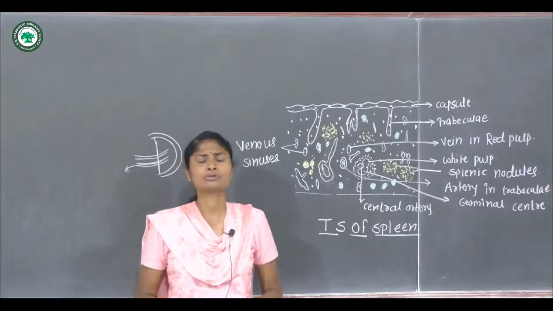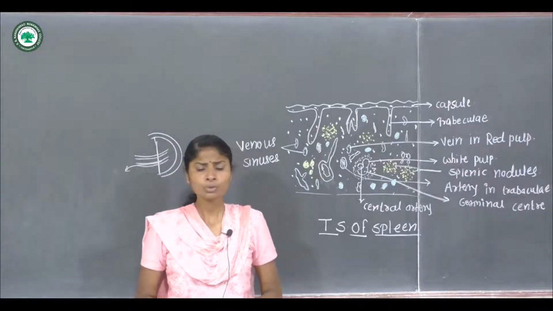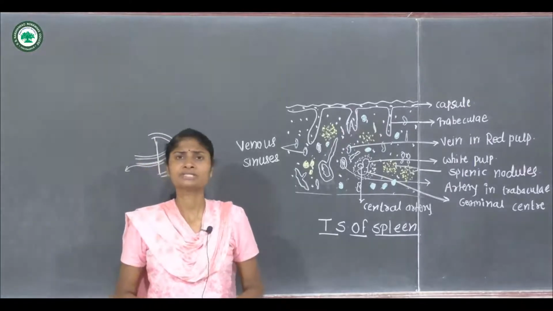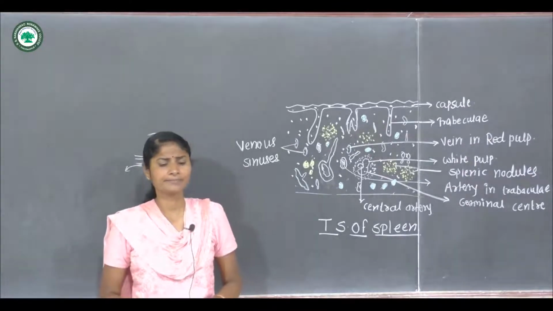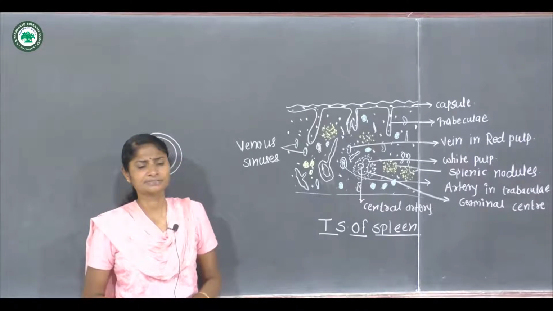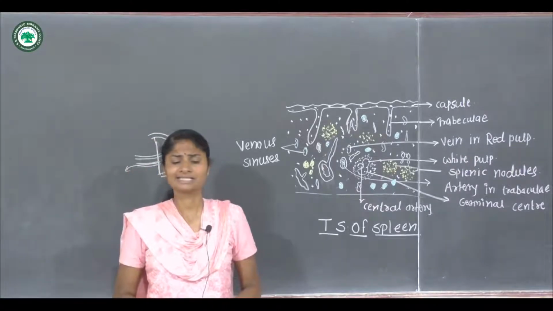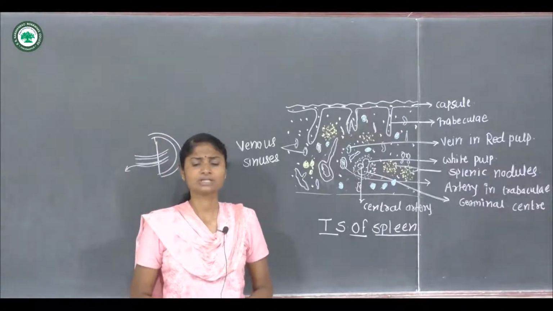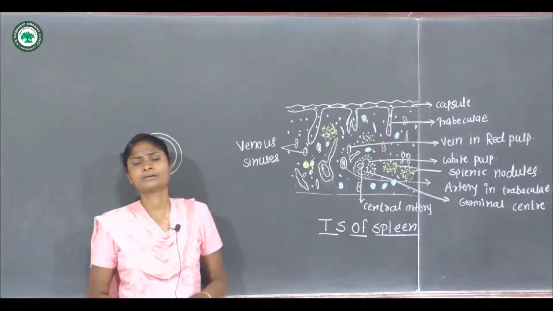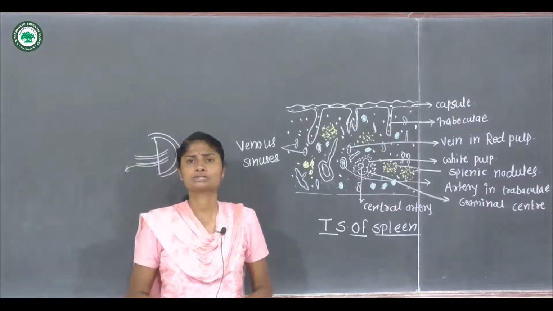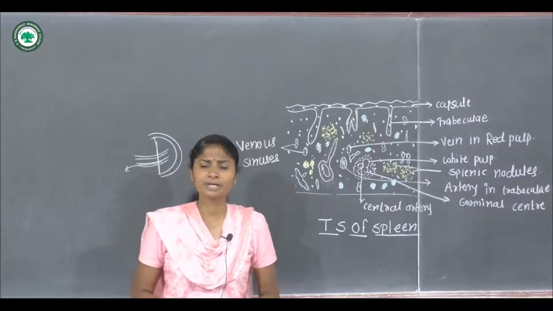This abundance of wavy collagenous fibers, elastic fibers and smooth muscle fibers in the framework enables the spleen to increase its volume whenever necessary. The spaces within the connective tissue framework are filled with soft spongy tissue called splenic pulp.